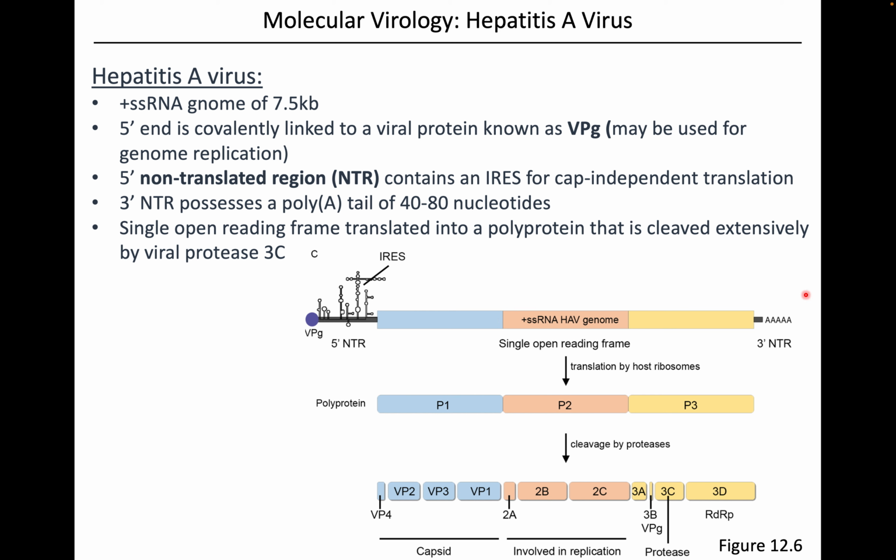So if our viral genome is going to function as a messenger RNA, it needs those as well. And you can see it does have a short poly A tail at the 3' end. At the 5' end, it's got the NTR, non-translated region, with what's called the IRES, the internal ribosome entry site, and it's got a secondary structure that basically mimics the 5' guanosine cap and is going to allow the ribosome to recognize this as an RNA that's ready for translation.